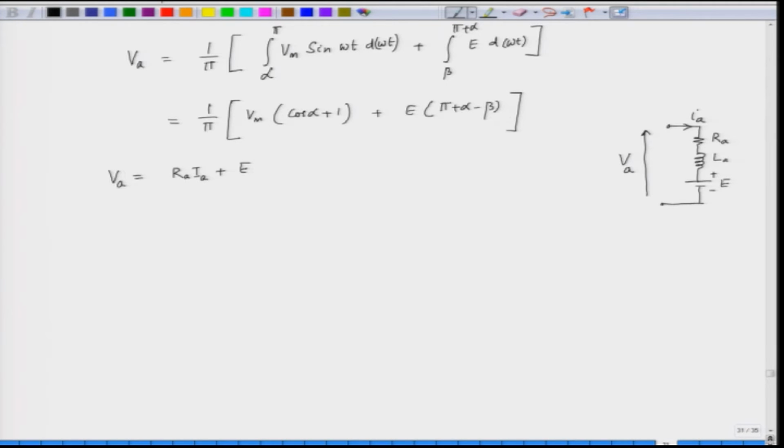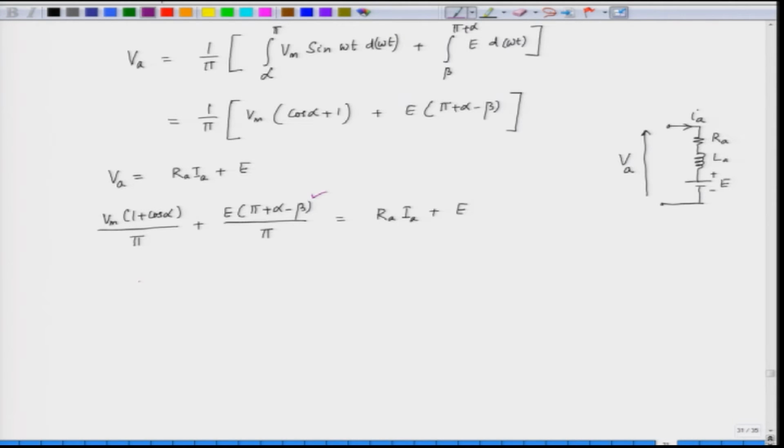So, we can substitute that here, that is V m into 1 plus cos alpha by pi plus E into pi plus alpha minus beta by pi is equal to R A I A plus E. Now, we can rearrange this equation, we can take this to one side, and then we can simplify this.